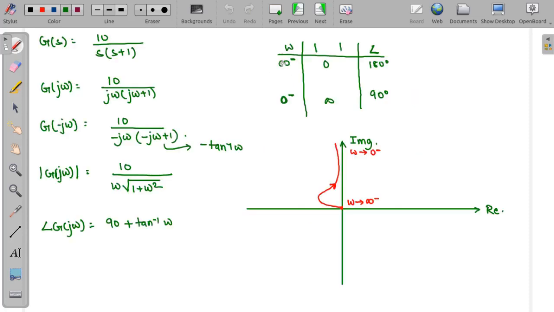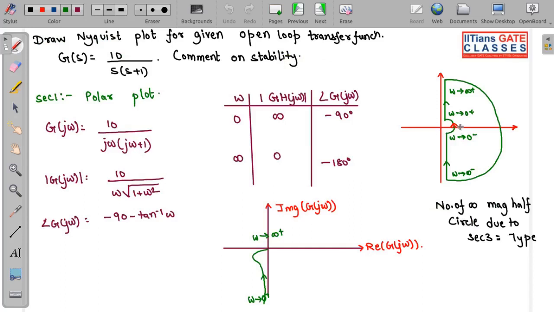For this, let us come back to the Nyquist contour. If you draw the pole-zero plot of this open loop system, we have one pole over here and one pole at minus 1. If I enclose this semicircle into a complete circle, what will be the direction? This is the anti-clockwise direction.